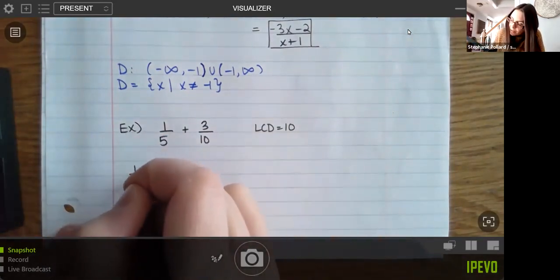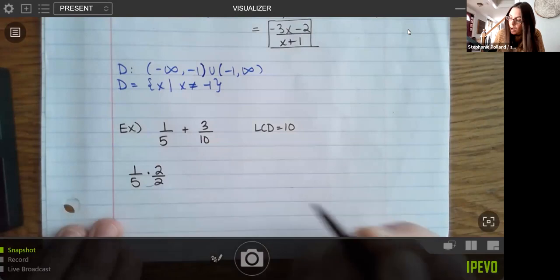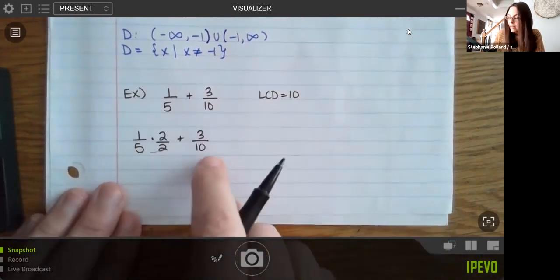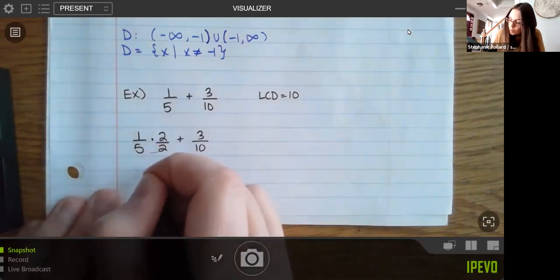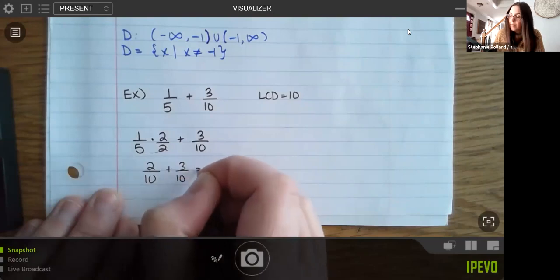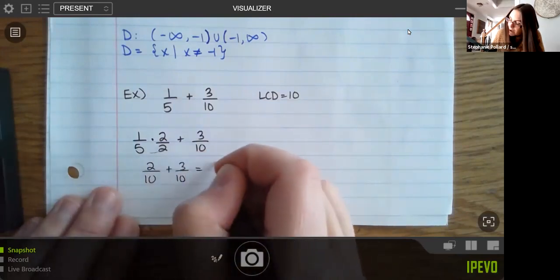So for 1/5, to get to 10, you'd have to multiply that by 2. 5 times 2 is 10. So we multiplied by the same thing on the top and the bottom. Here, I don't need to do anything. I already have the 10. So my problem becomes 2 over 10 plus 3 over 10, right? Multiplying this first fraction by 2 over 2 so that I can create that same denominator. 2 plus 3 is now 5.